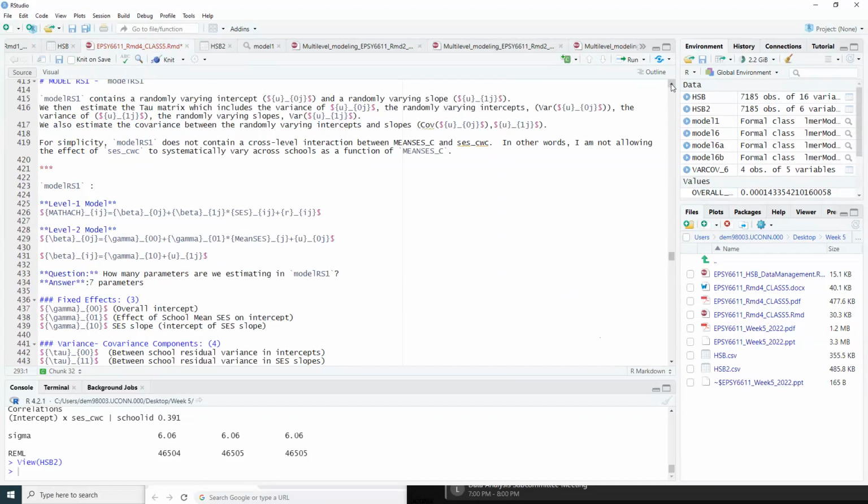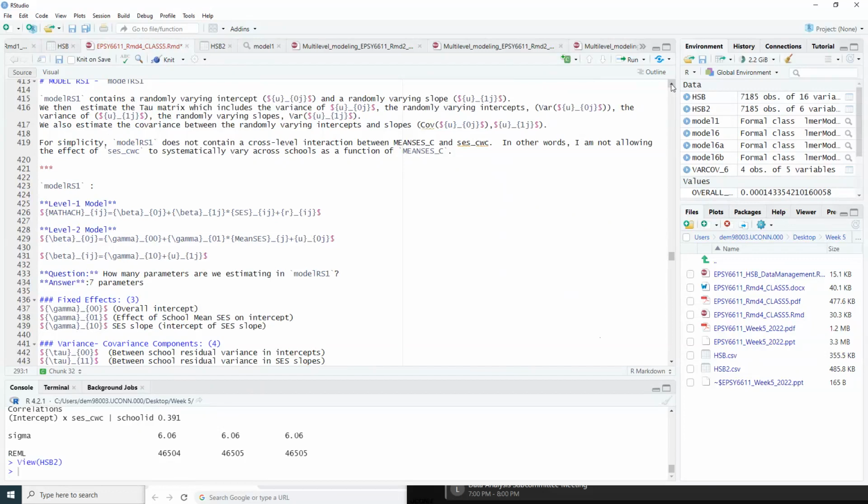And then I have a tau matrix that estimates the variance of the intercepts, the variance of the slopes, and the covariance between them. So the only difference between this model and model 6 is I've taken out the cross-level interaction between the level 1 SES slope and mean SES.